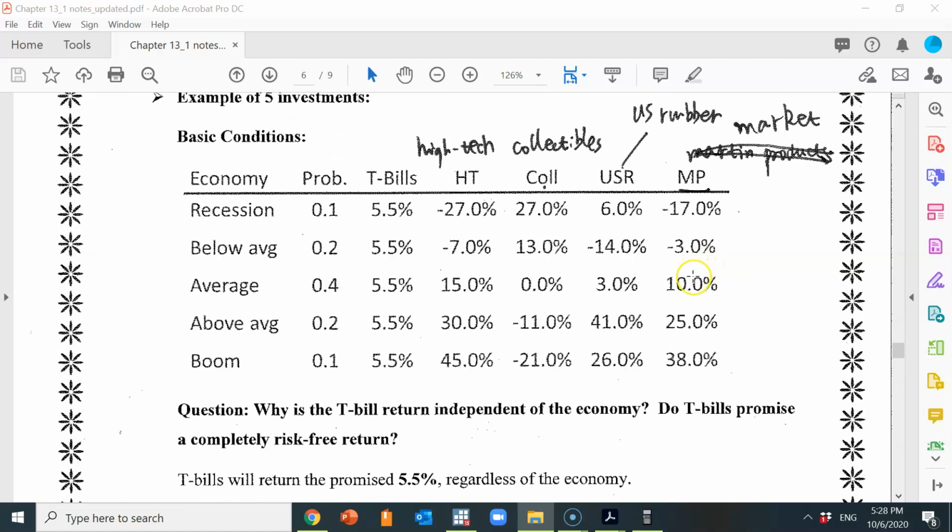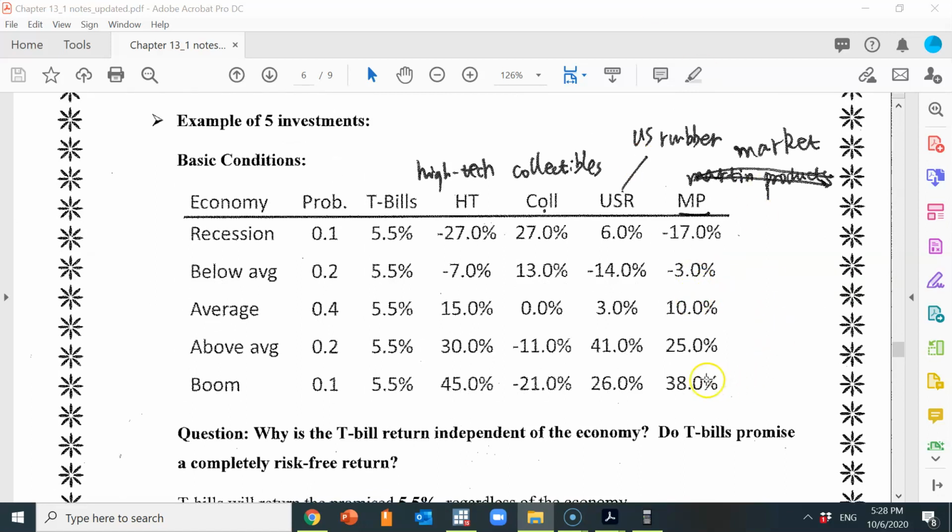Okay, now let's look at another example here of 5 economy conditions instead of 3. We have recession, below average, average, above average, and boom, 5 economy conditions. And now we have 5 investments instead of 2. We have treasury bills, high-tech firms, collectible firms, US rubber, and the market index.